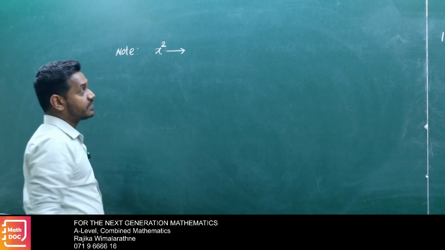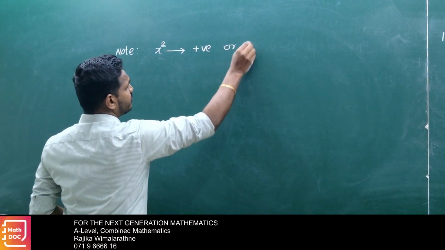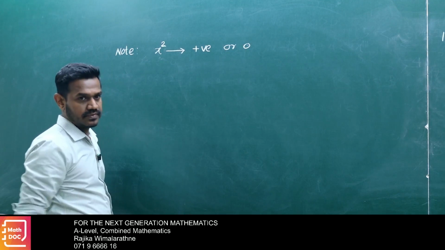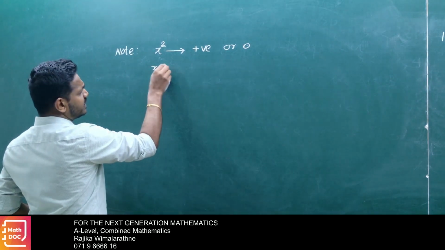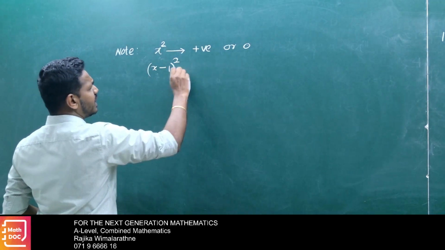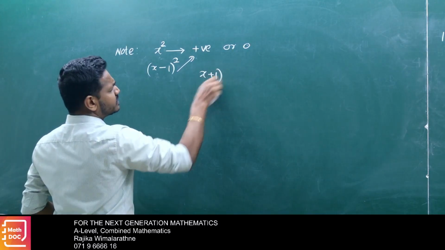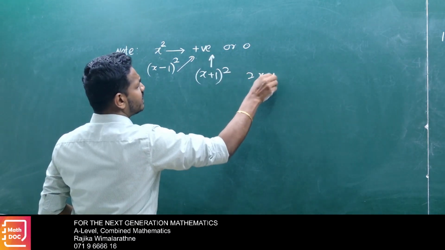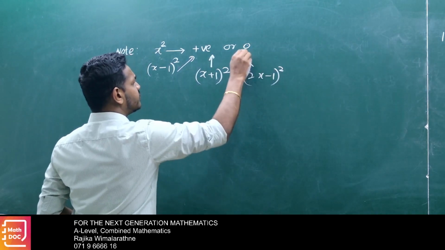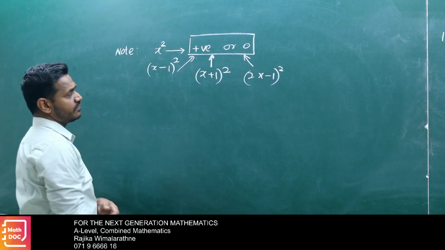This result will be positive or 0. Perfect square means positive or 0. Then expressions like x minus 1 square, that is also positive or 0. X plus 1 square, positive or 0. 2x minus 1 squared, that is also positive or 0. All are positive or 0.